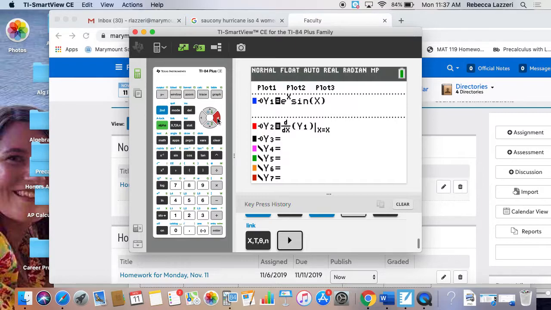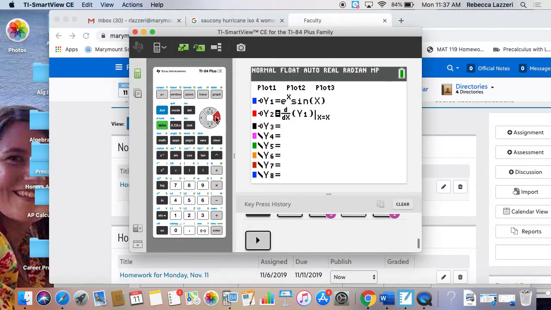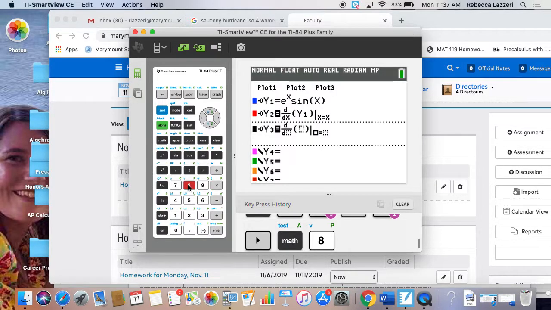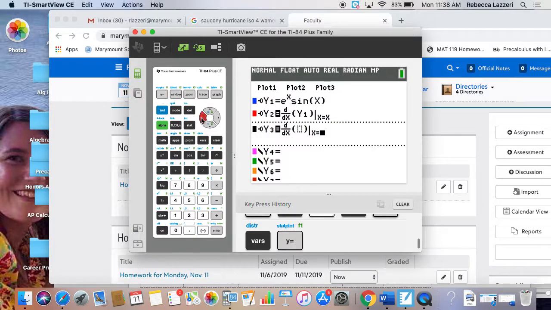All right, it could be that I want to turn that off now. Don't forget, if you have this sitting in y2, a lot of times you want to turn that on or off at will, okay? While we're here, why don't we go on and talk about the second derivative also? So I'm going to go math 8 in terms of x, and I'm going to go to, sorry, I think I was moving too fast.